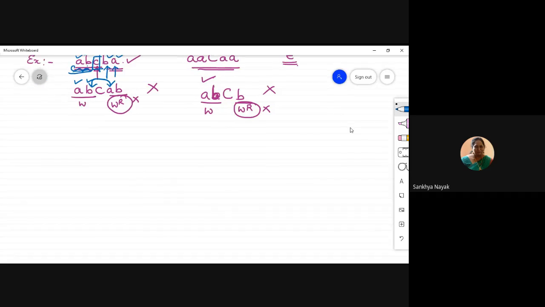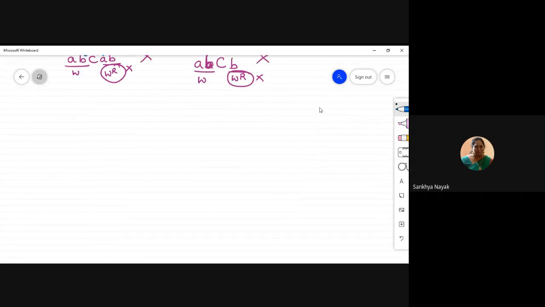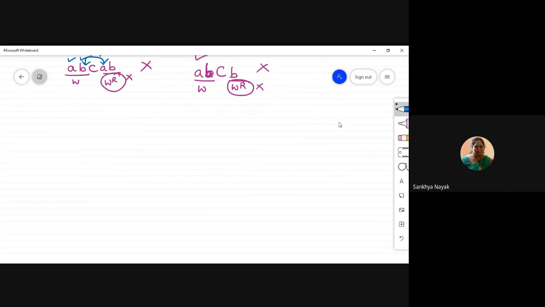Okay. So let us start designing. As I told you, what did I say? Until you get C. Let us start from the starting state. Okay. And can I make S itself a final state? No, because I have to get C. It's compulsory, right? So we said WCWR.